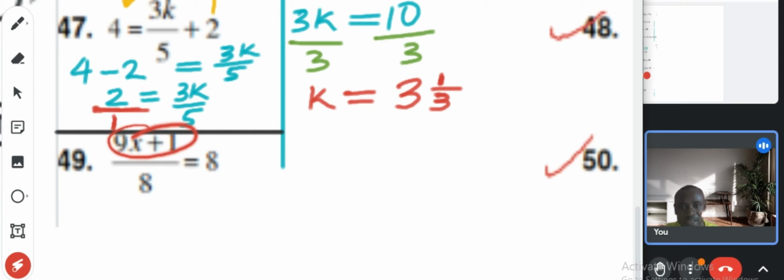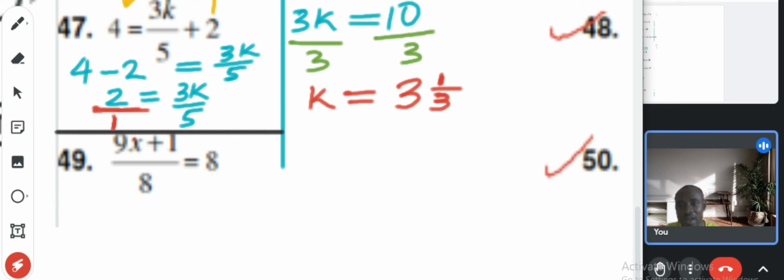Because they are together, you can just cross multiply. We can just cross multiply. Now let's cross multiply. Wait, what question are you doing?